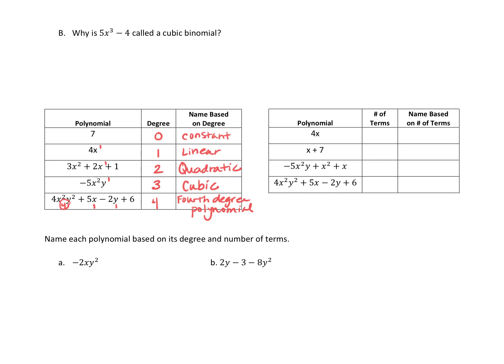Another way that we name polynomials is based on how many terms there are. So if there is one term, we call that a monomial. If you have 2 terms, that's called a binomial.